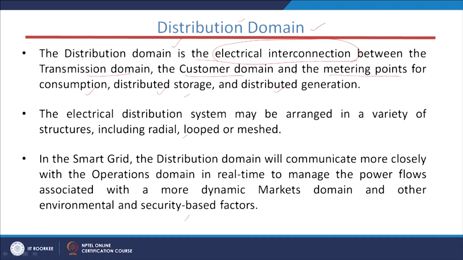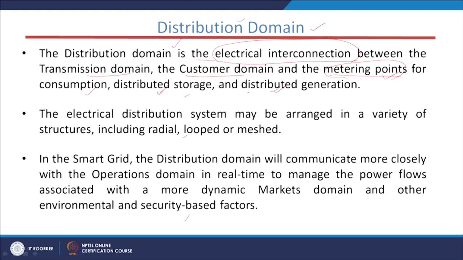Apart from this interconnection between the transmission domain and customer domain, we also have the metering points. This is very important again. These are metering points for consumption, as the customer is consuming the power, and also the metering facility for distributed storage and for distributed generation.